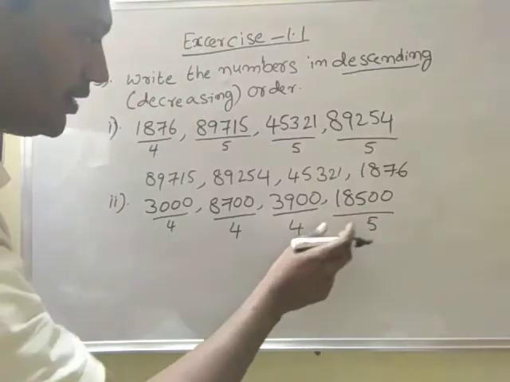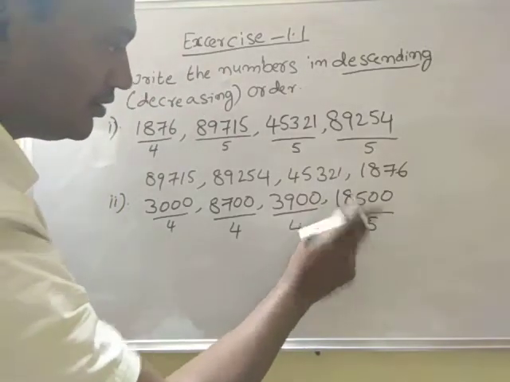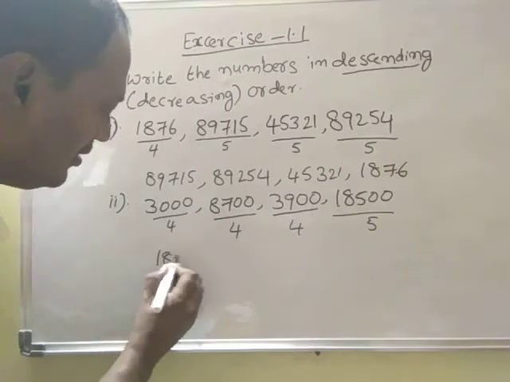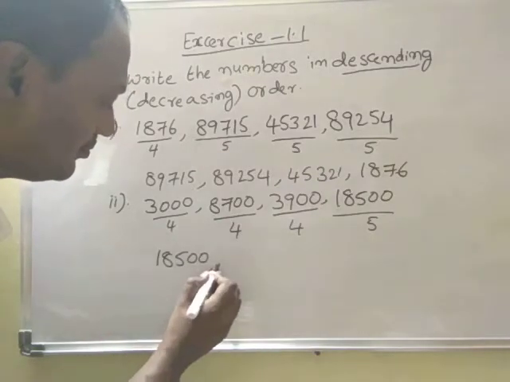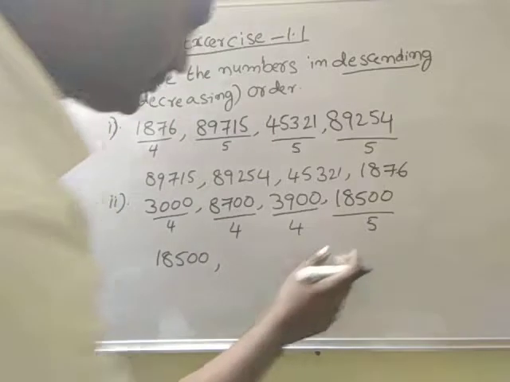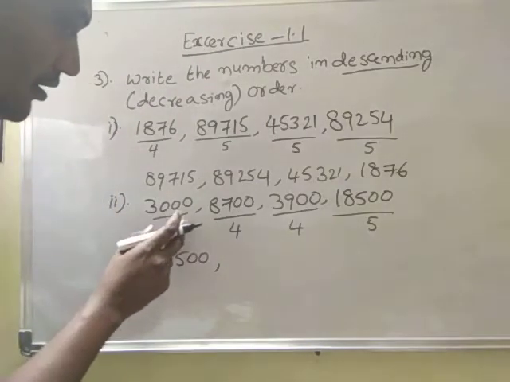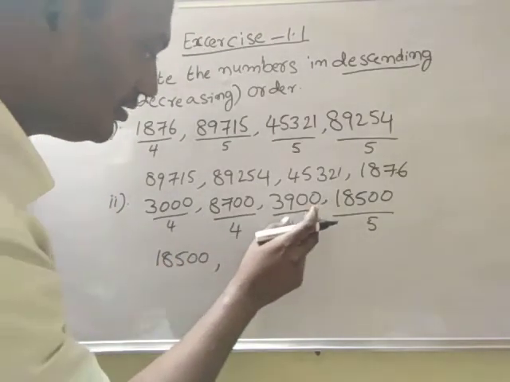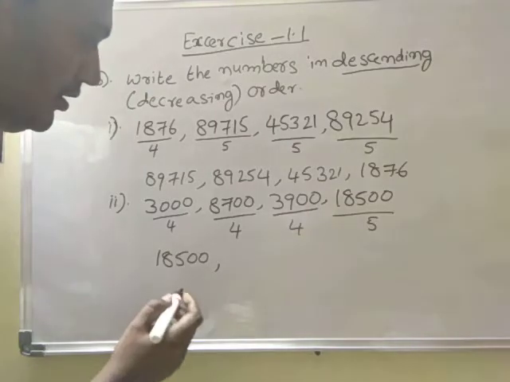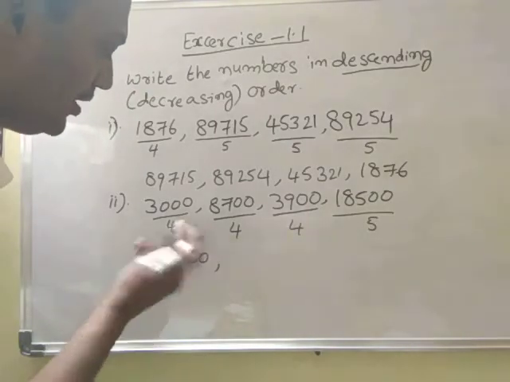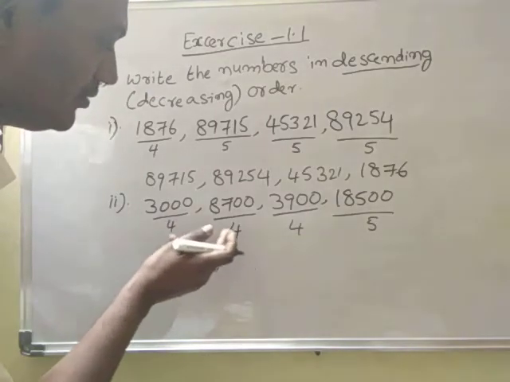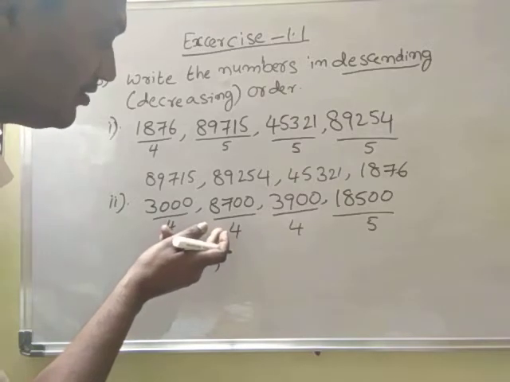What is the first one you have to write? This one, 18,500. What is the second highest? Here we have 3,000, 8,700, 3,900. You can compare like that, or if you can tell directly, it is 8,700.